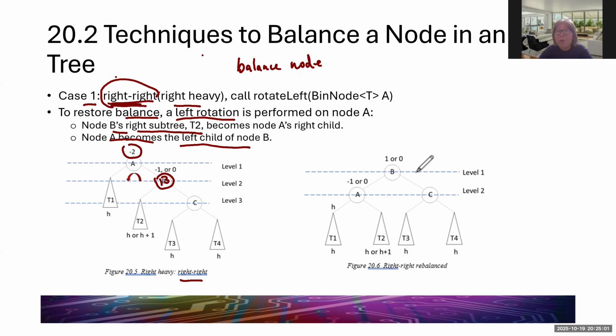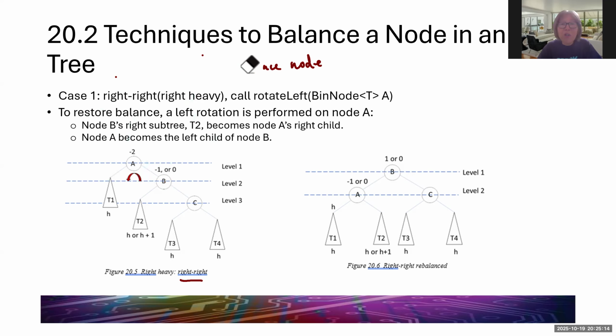Then we can see all of the nodes are balanced. So this is the right-to-right, right heavy case, and we make a left rotation for the unbalanced node.